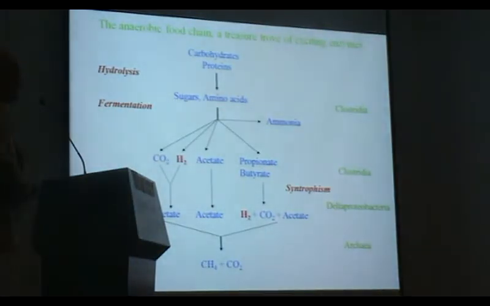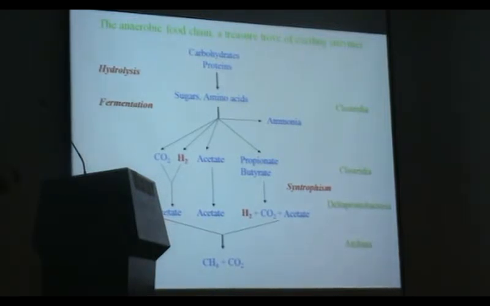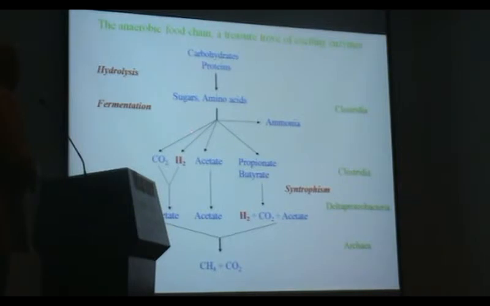Now I come to the anaerobic bacteria. The anaerobes are different. They cannot use carbohydrates and proteins with one organism to completely oxidize them or reduce them to methane and CO2, and they need several organisms. They form the anaerobic food chain, which I call a treasure trove of exciting enzymes, as you will see.